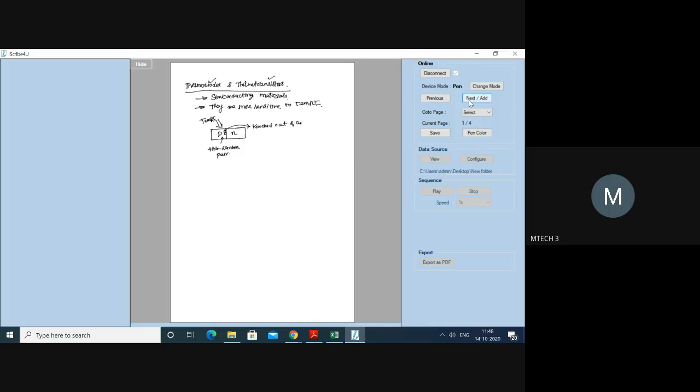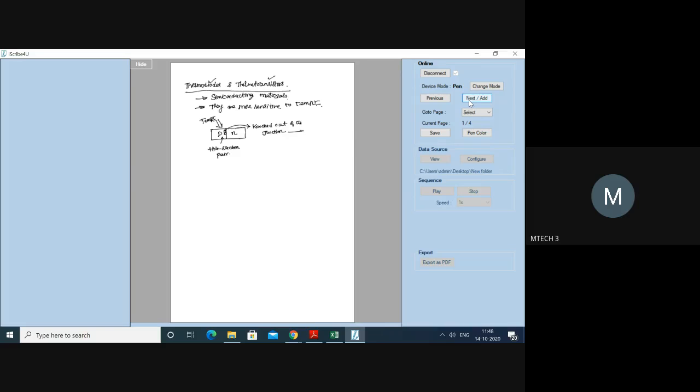What is the meaning of this? Whenever temperature is applied, the valence electrons present at the p-n junction will get energized and will move out of the junction.